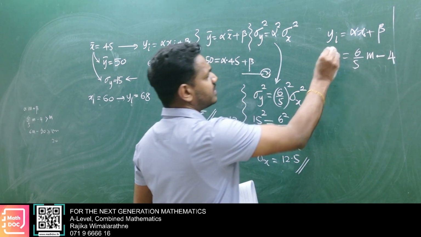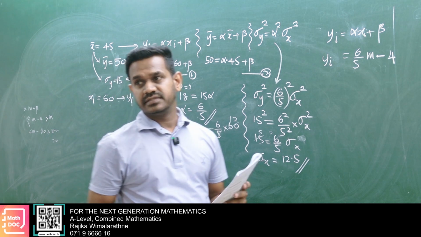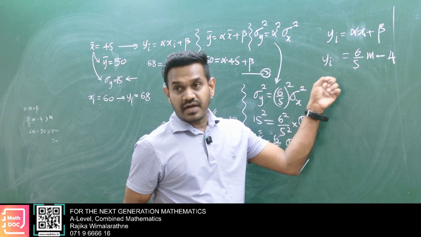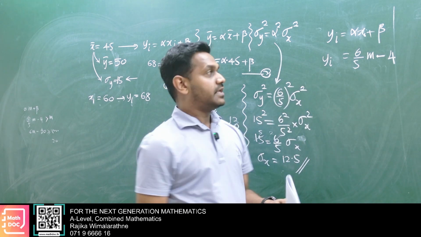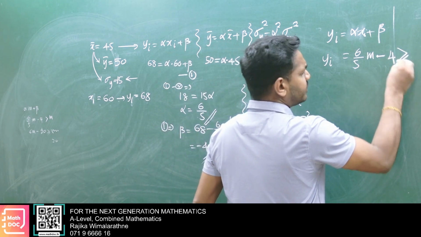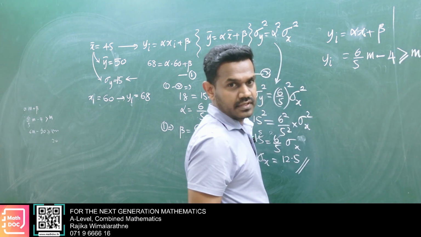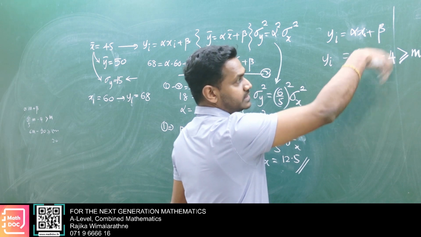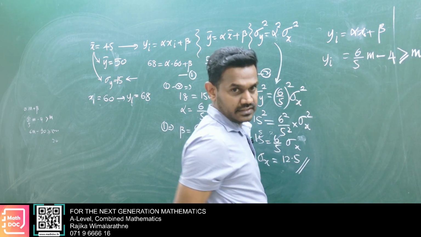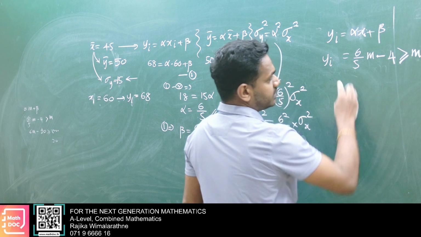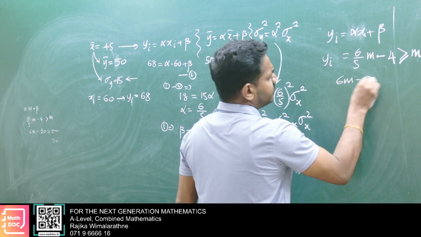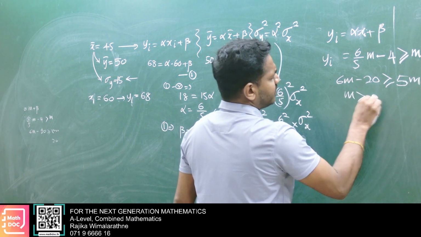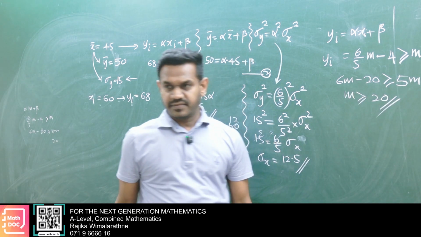The scaled mark is not lower than M, therefore this value must be greater than or equal to M. Now simplify: 6M minus 20 is at least 5M, so M is at least 20. That is it.